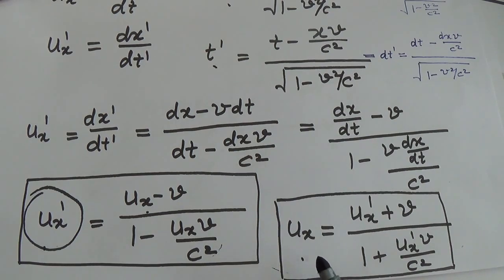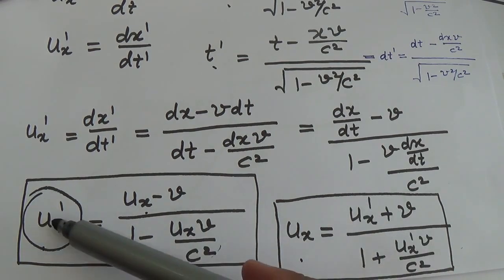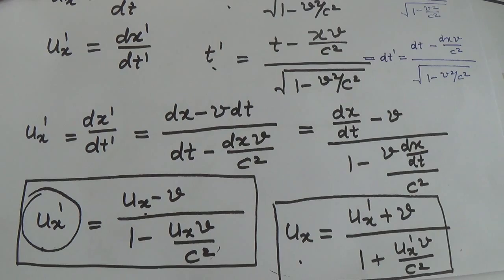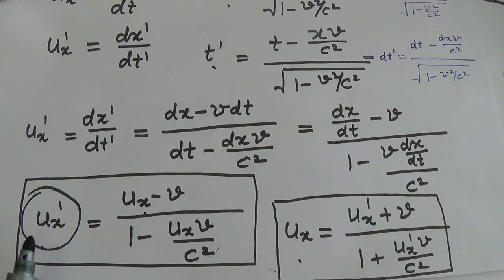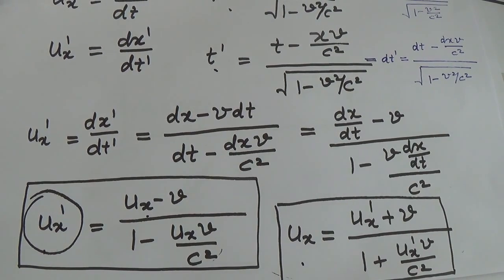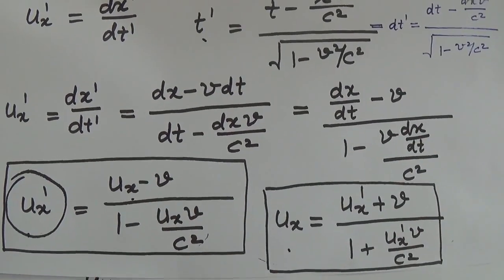So if you have to find out ux, use this formula, and if you have to find out ux prime, use that formula, right? Because these formulas are derived keeping in mind the relative speed of the object and observer. So this was the first point in this topic.